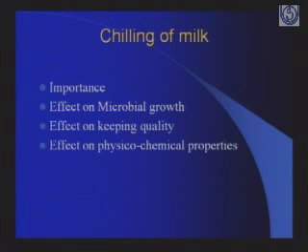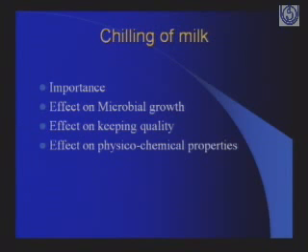The importance of chilling is its effect on the microbial growth and quality, and it also affects the keeping quality. And also there is an effect on physico-chemical properties of the milk. Say, for example, when milk is chilled to 4 degrees centigrade or lower, there will be no further microbial growth.